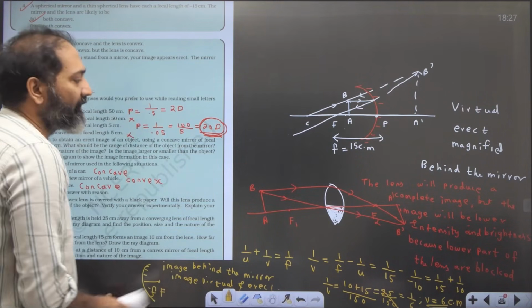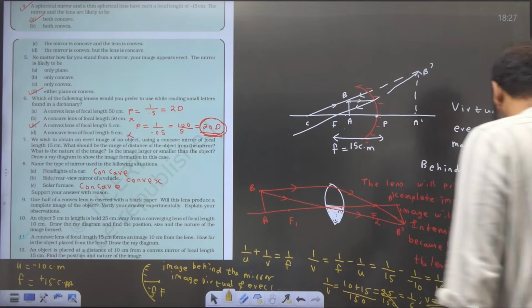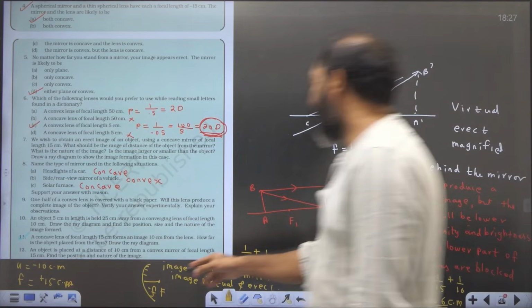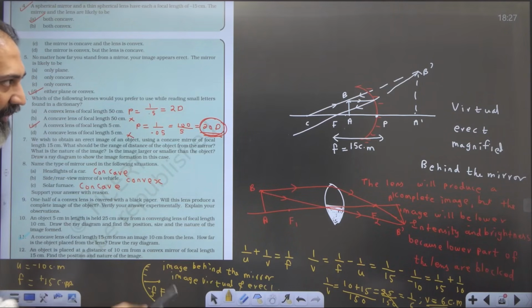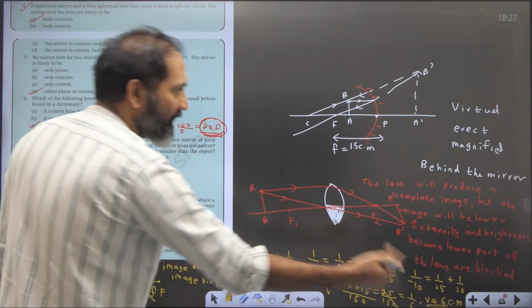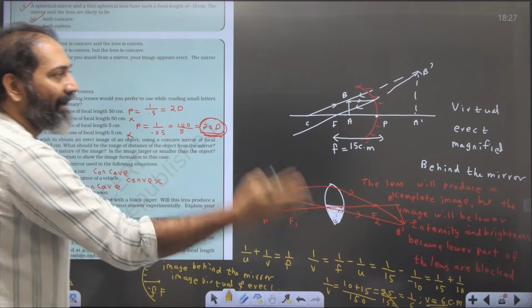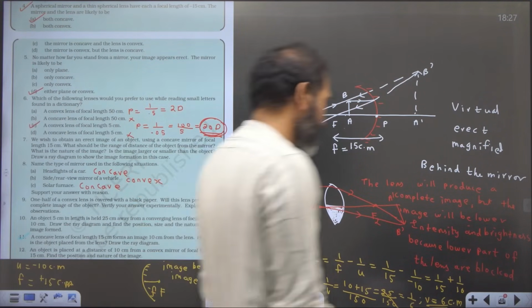See, in this case, this is a convex mirror and we are getting a positive image distance, so the image is on the right side. So it forms a virtual and erect image.